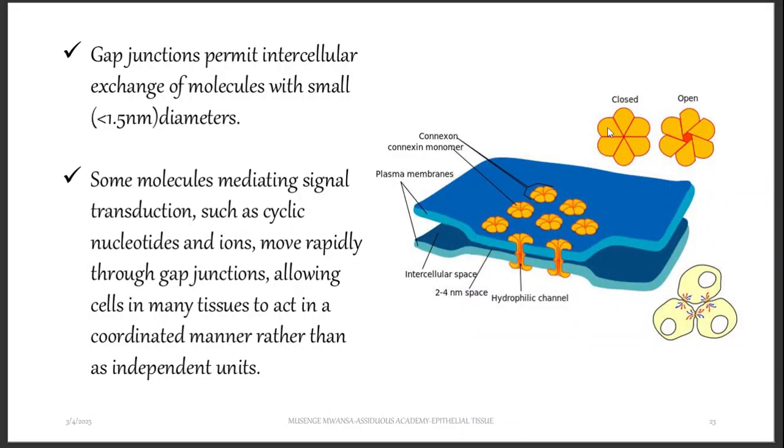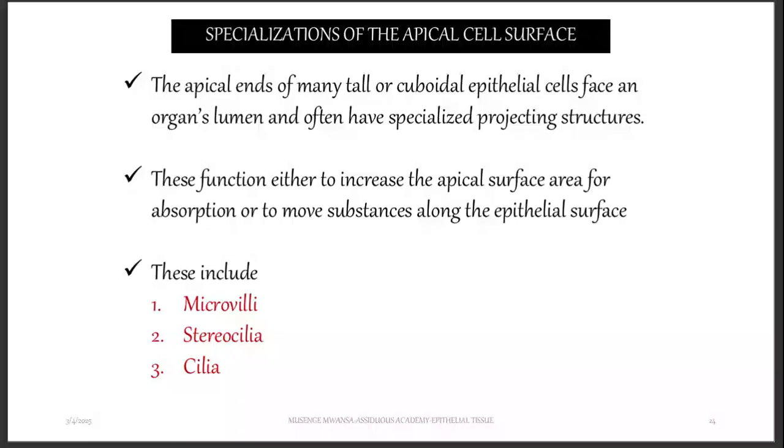For example, you can see these six of them, the way you can see them like that. So when they slide over each other, they are going to open this gap junction for things to be able to pass through. And when they are closed, they close those openings.